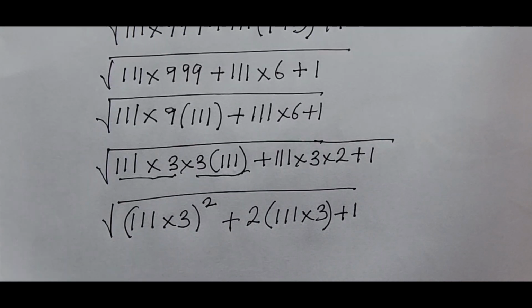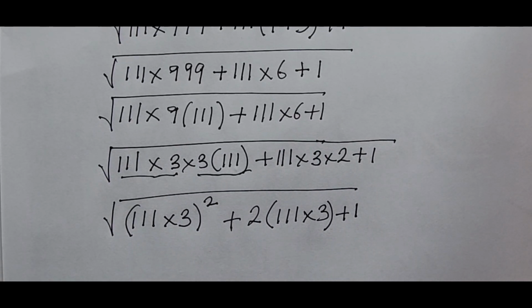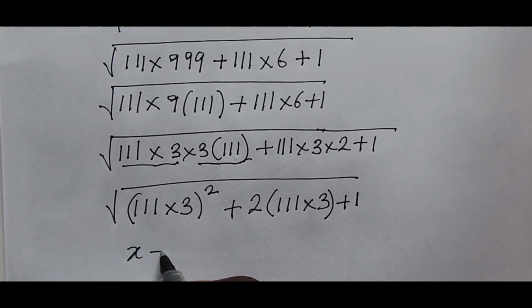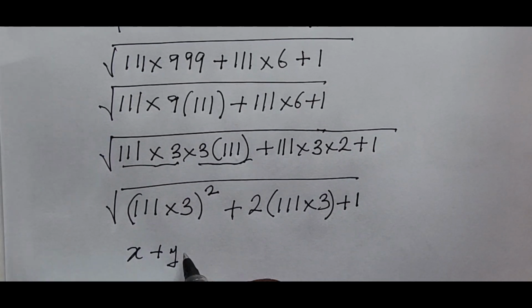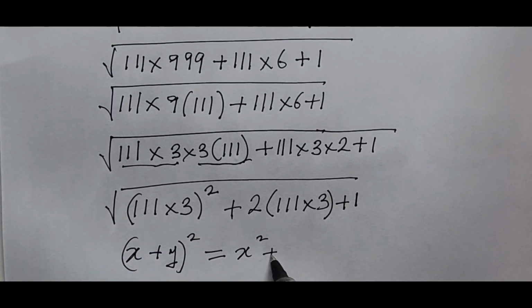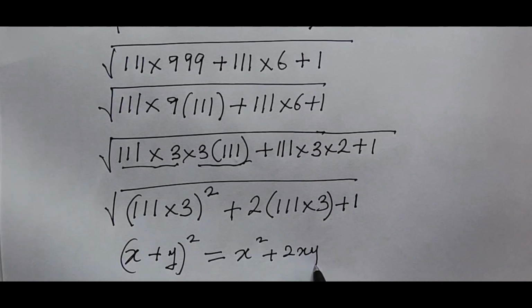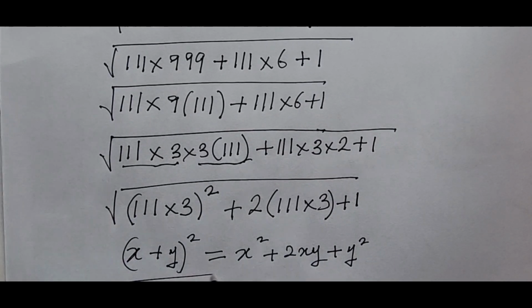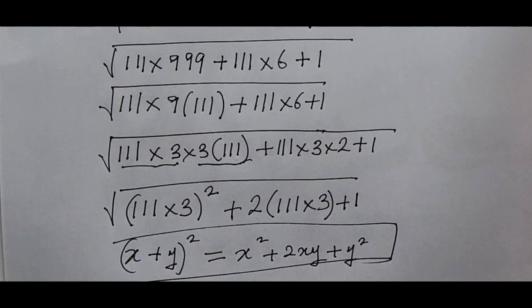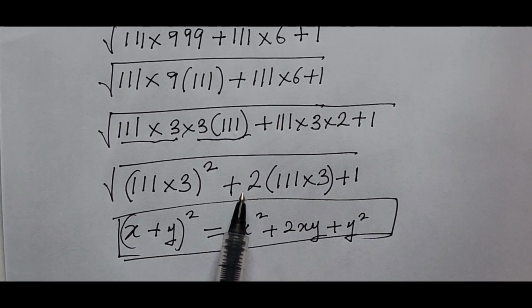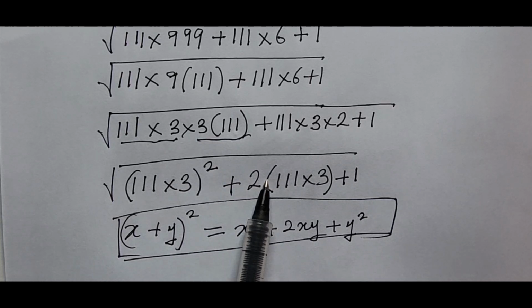Remember the algebraic identity, it says that when you have your x plus your y all raised to the power of 2, this is equal to your x squared plus 2xy plus y squared. Remember this identity? This algebraic identity? Yes. So with this, we can see such an identity playing out here, right?